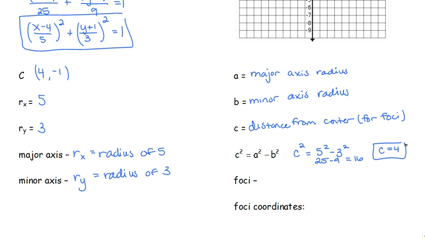So your distance away from the center to your foci is 4. Now your foci are always on the major axis. So they're always on the larger of the two axes. We'll get to our foci coordinates in just a second.